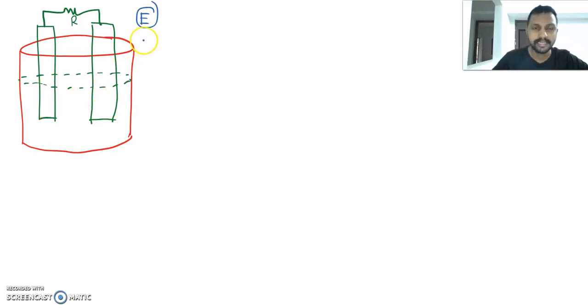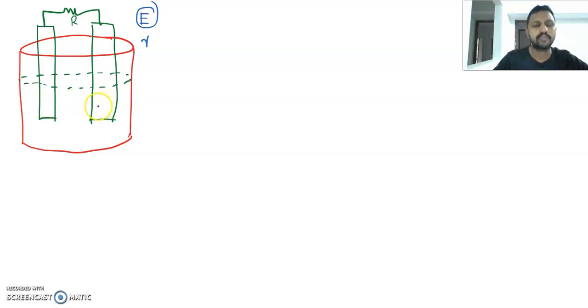And the next term that we have to learn is internal resistance. Internal resistance is denoted by the letter small r. What is internal resistance? Internal resistance is the resistance offered by the cell, or in other words we could say it is the obstruction offered by the electrolyte of the cell when charge is flowing from one electrode to another electrode.